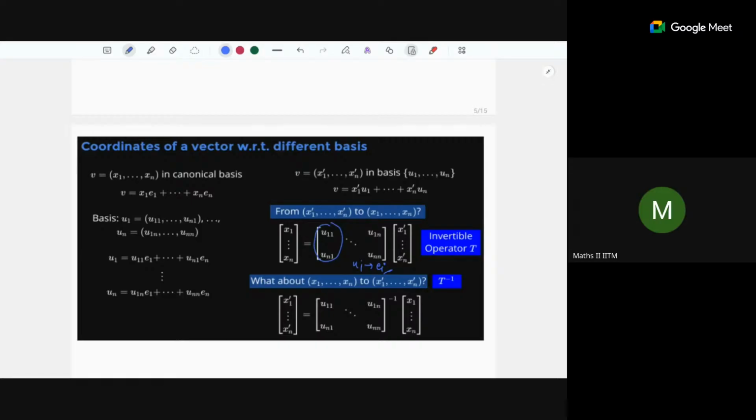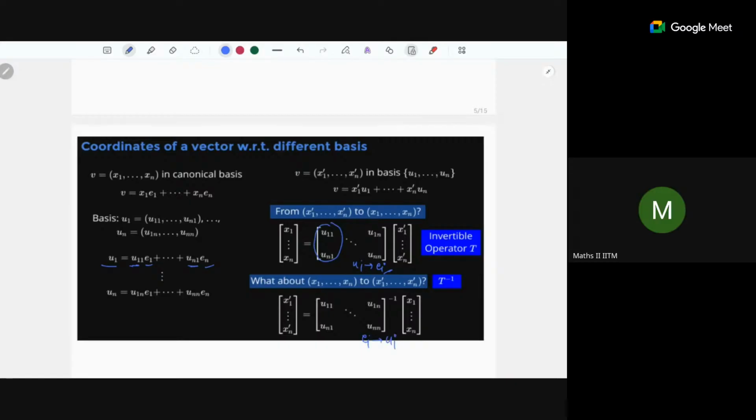So you express u1 with respect to e1 to en, and the coefficients become the first column, and so on. And the other way around, if you want to convert from ei to ui, you just take the inverse of this change of basis matrix.